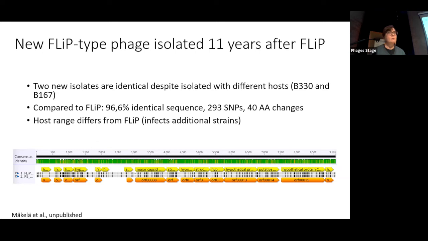It's 96.6% identical in sequence. We can also see some amino acid changes. They are spread along the whole genome, but some places are collecting more mutations than others. It has a slightly different host range than FLiP, and we are currently trying to understand if it has different life cycle dynamics.